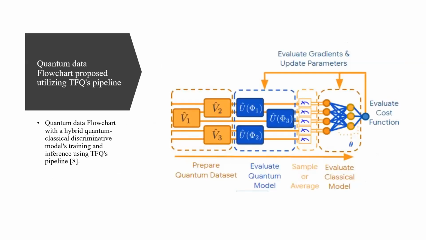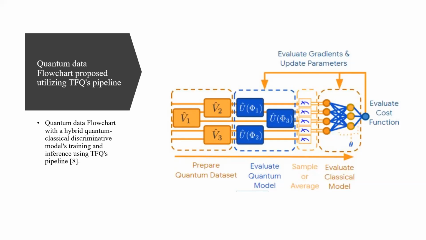Indeed, if we concentrate on the TensorFlow Quantum pipeline, we notice it consists of the same 5 steps we are talking about. The first step is quantum dataset preparation for classification. The second step, quantum model evaluation, and the third step is sample or average measurement along the z-axis of the Bloch sphere.